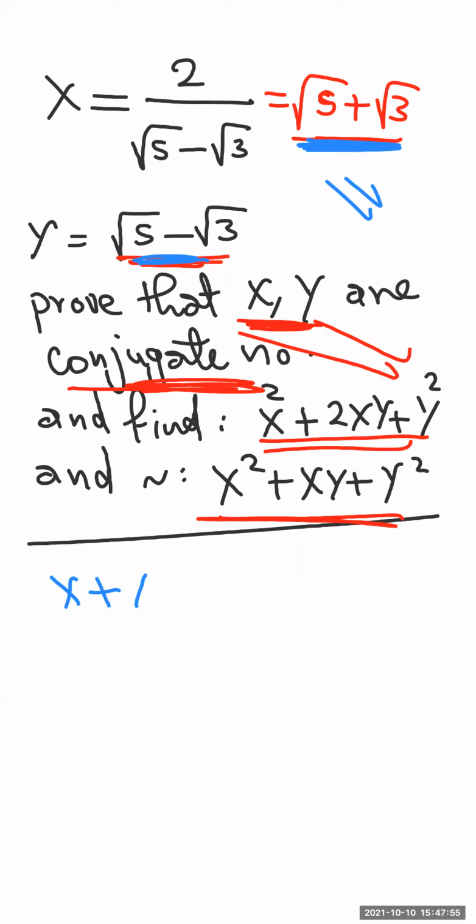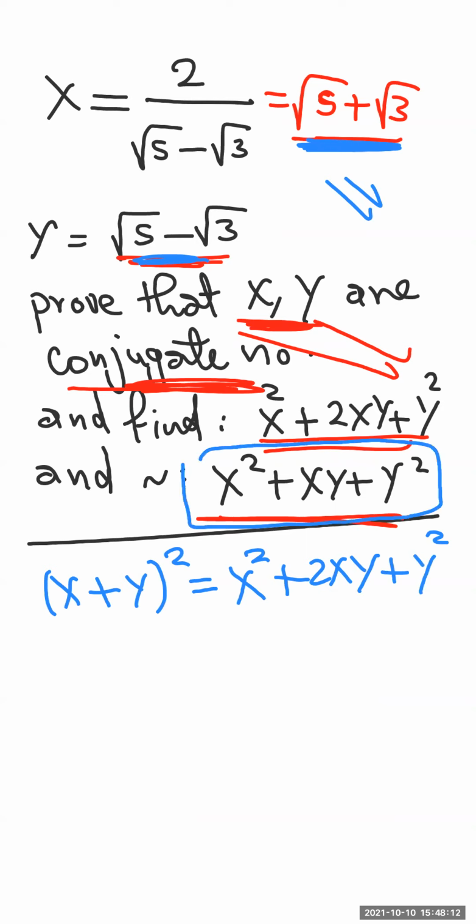(x + y)² = x² + 2xy + y². Now I want to get x² + xy + y², which is required. So I'm going to subtract xy from both sides.